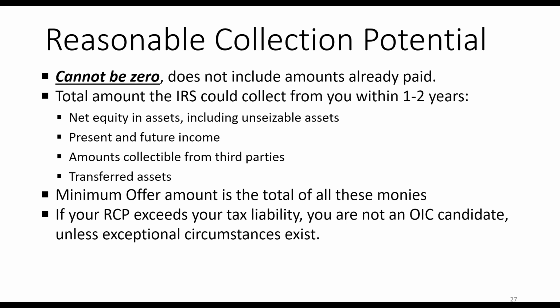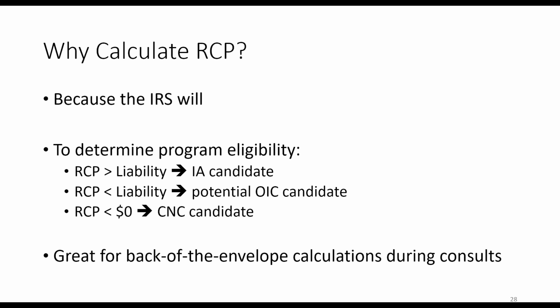If your reasonable collection potential exceeds the tax liability, your client is not an OIC candidate unless they meet ETA criteria. I highly recommend that you always calculate RCP. Always. Do a quick back of the envelope calculation of RCP, because revenue officers do it. It also helps you quickly determine program eligibility.